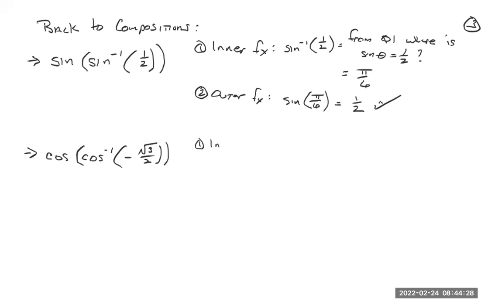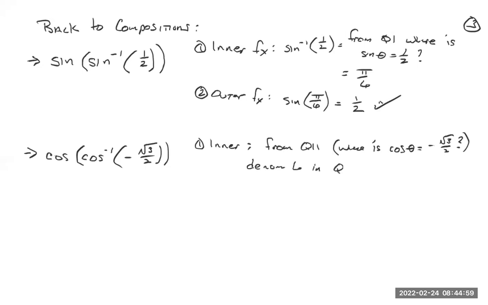So our inner function is coming from quadrant 2. Where is cosine theta equal to negative square root of 3 over 2? Now, we see it's a denominator 6, right?